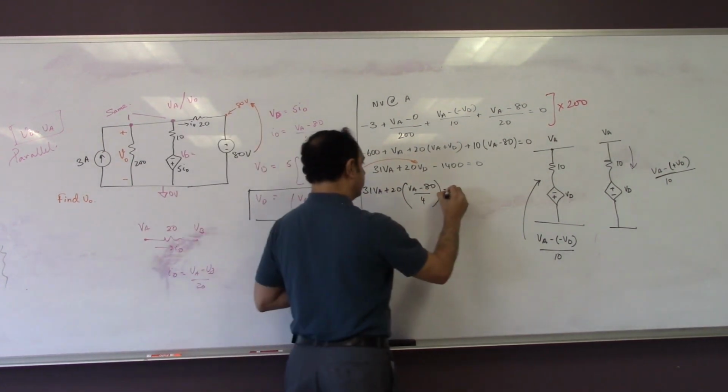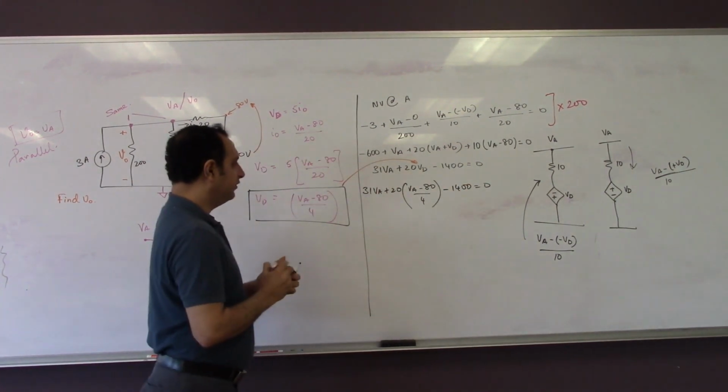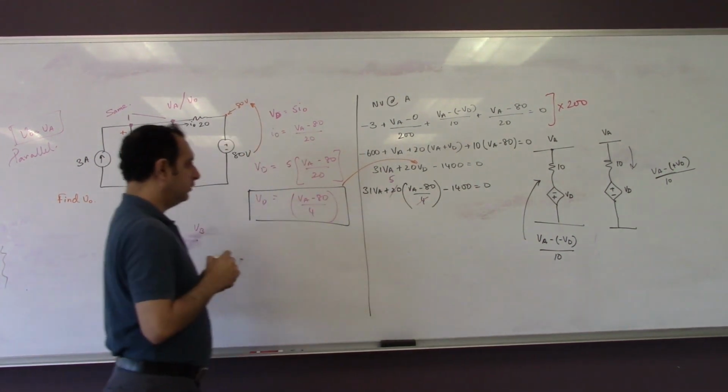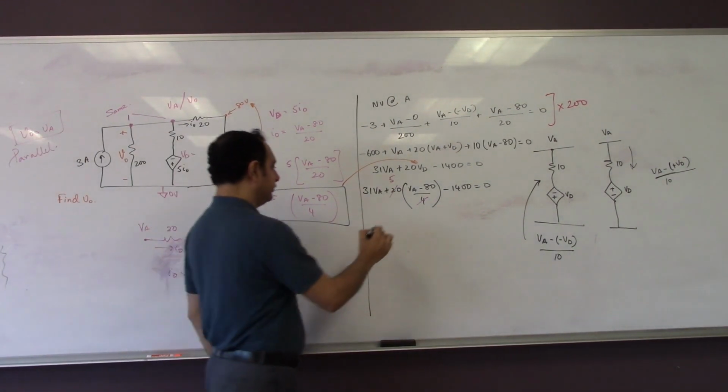plus 14, minus 14. So that will be 5 times, right? So 5 and 31 will be 36 VA.